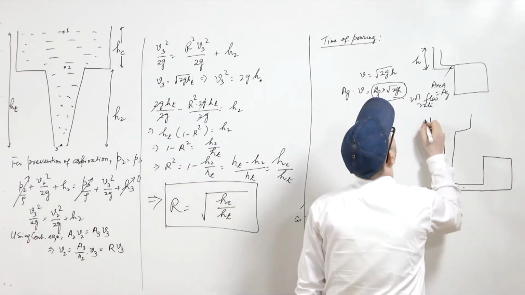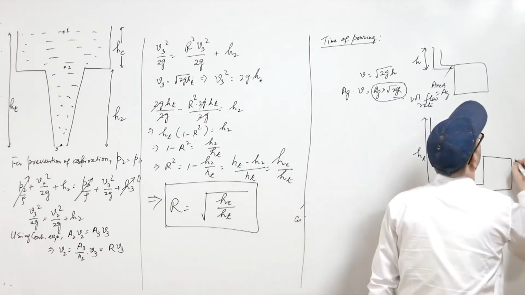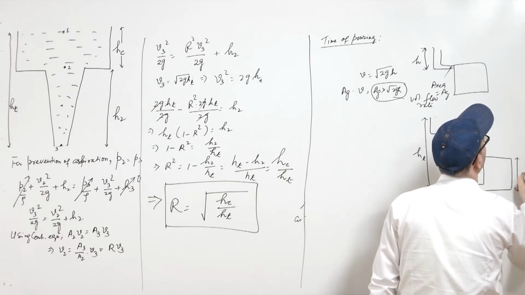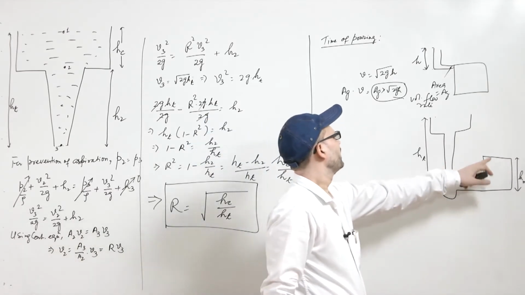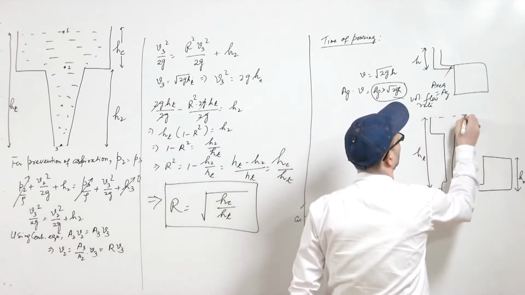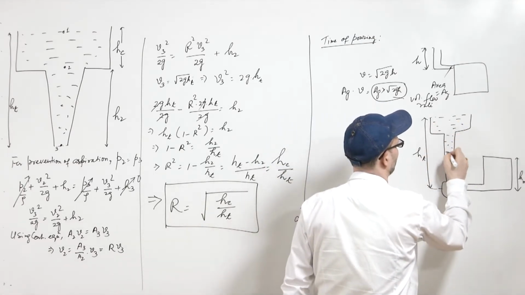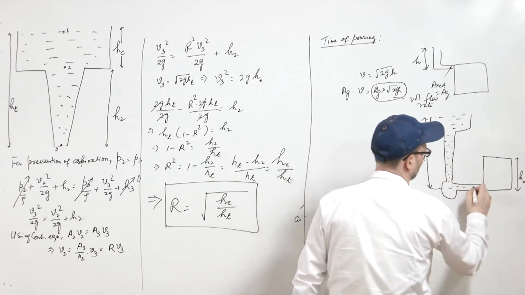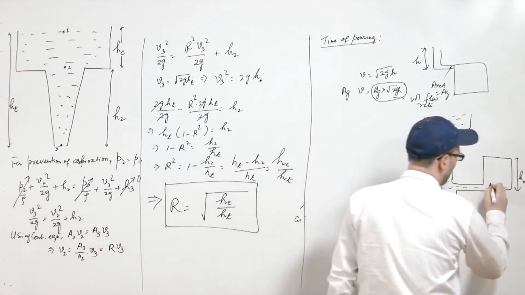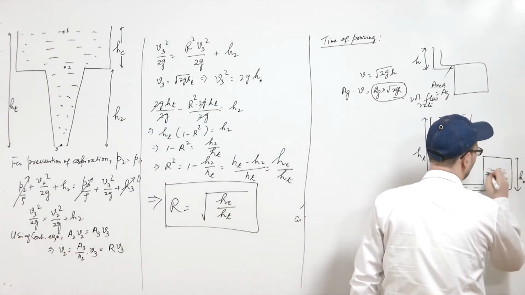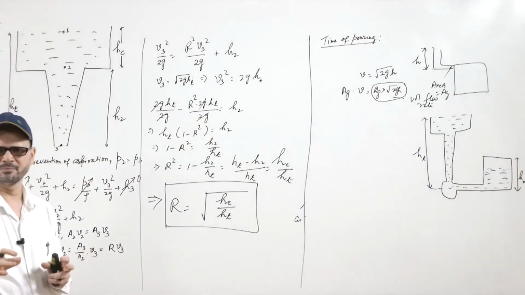Suppose this is the total head available as HT, and this is the height of the mold, HM. This is the mold cavity, and here you have the pouring basin and this is your sprue, and then this is the datum line. Now, in this case the head which is available here is basically changing.